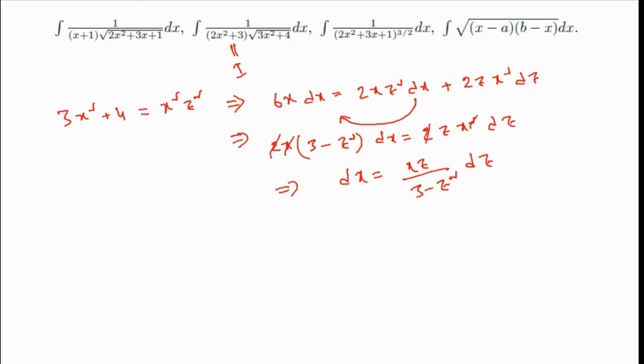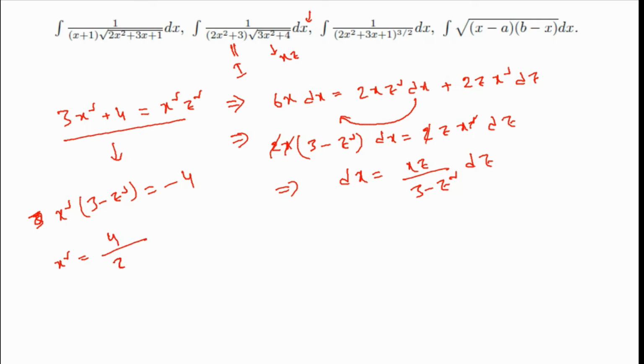In dx we have xz by (3 minus z square) dz. Now we even need 2x square plus 3, so from here we can get x square (3 minus z square) equal to minus 4, or x square equal to 4 by (z square minus 3). We need 2x square plus 3, so 2x square plus 3 will be 8 by (z square minus 3) plus 3, and we have (z square minus 1) by (z square minus 3).